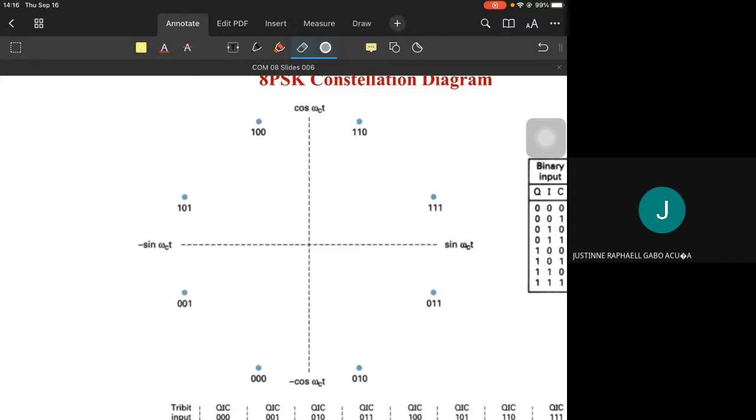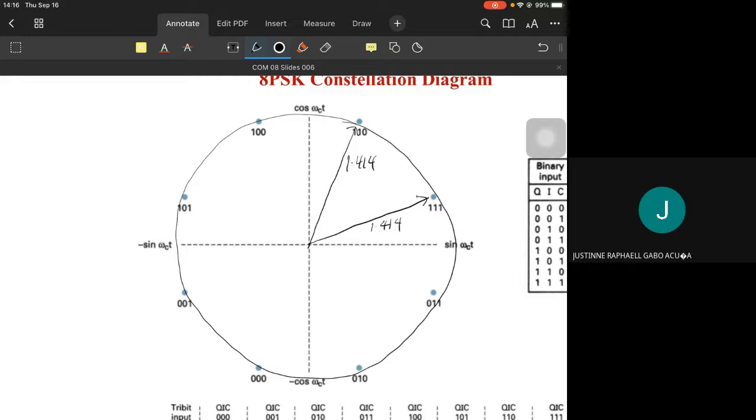That 1.414, each of these is 1.414 long. So the amplitude is constant for PSK. That's why all of them lie on the circumference of one circle.